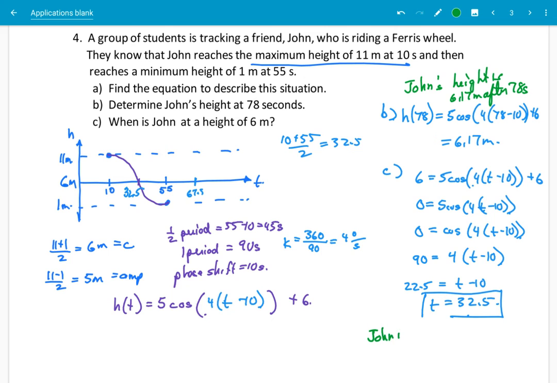John is at 6 meters after 32.5 seconds, and every half cycle after that, which is every 45 seconds after that, right? Because it continues as long as the Ferris wheel is turning. Okay, that's example 4.